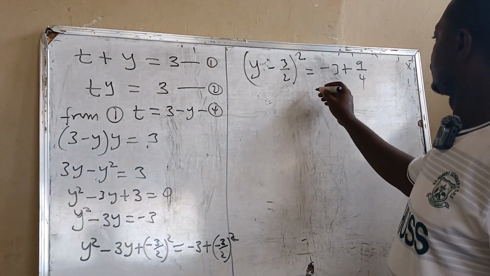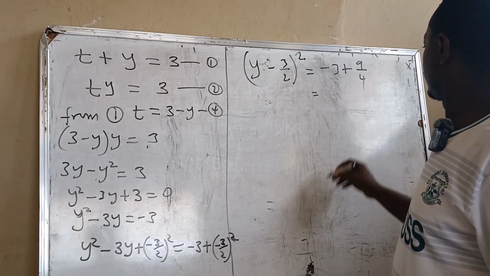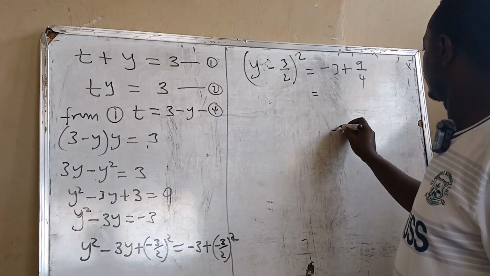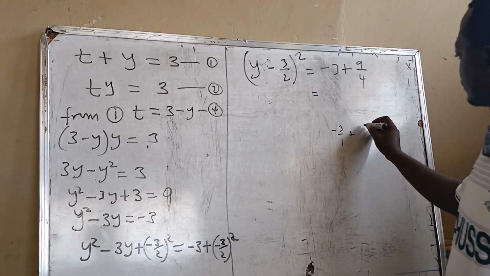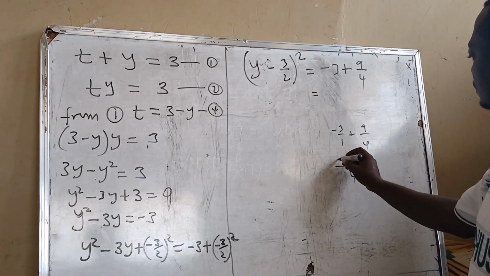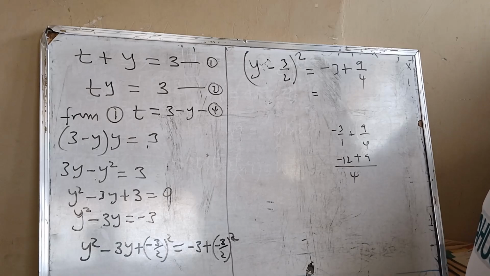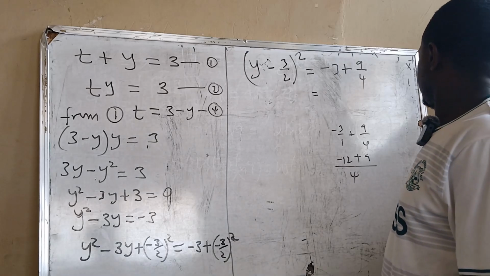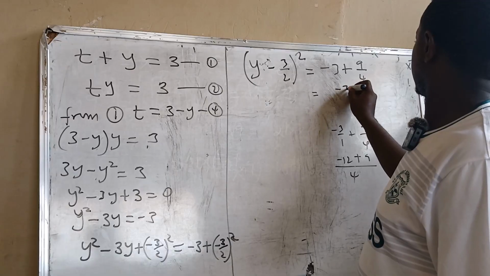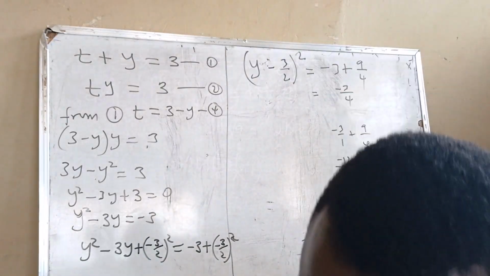We have minus 3 plus 9 over 4. Let's find the LCM. For 9 over 4, the LCM is 4. 1 to 4 is 4. Minus 12 plus 9. So that will be minus 3 over 4 as the answer.